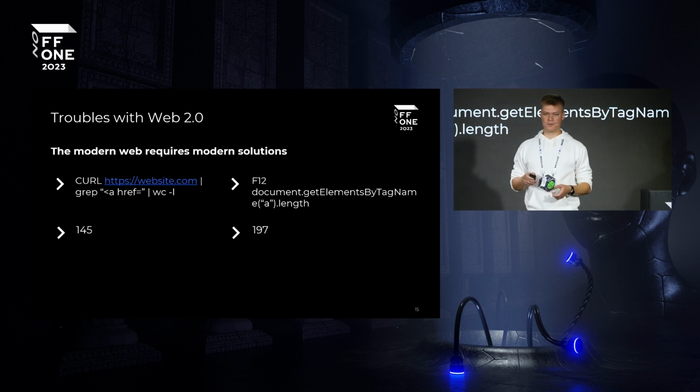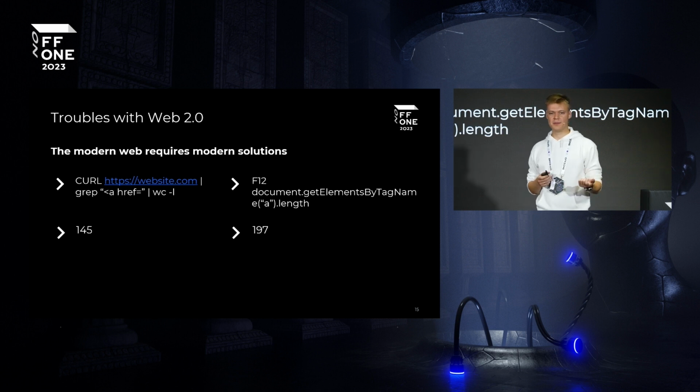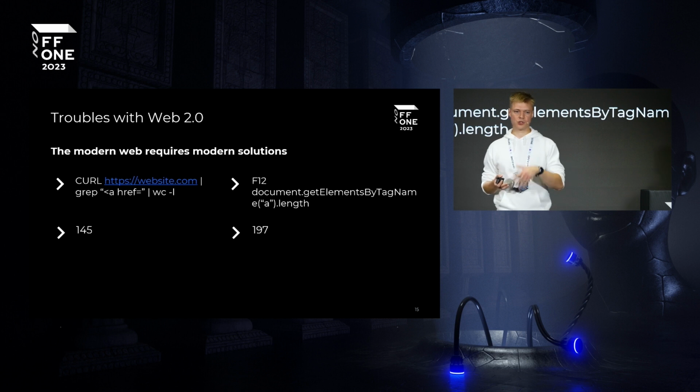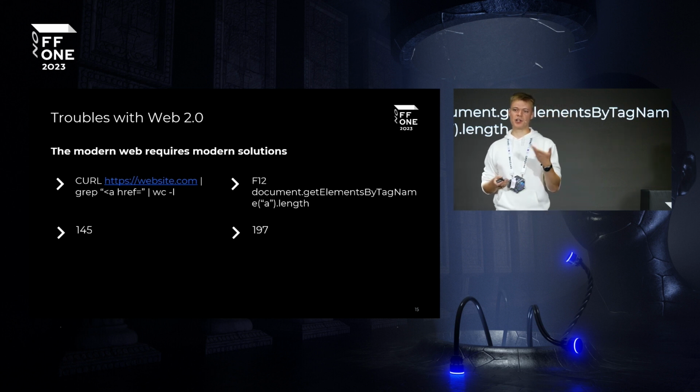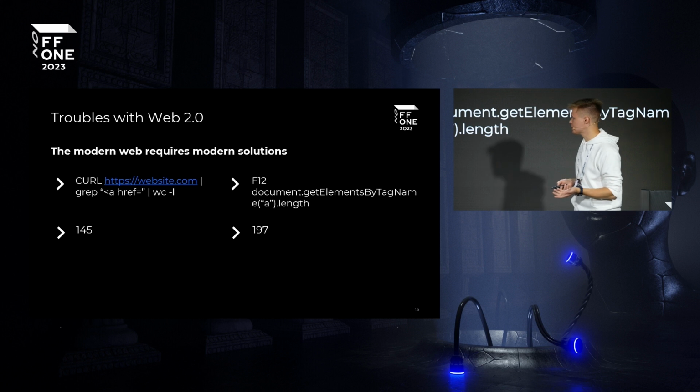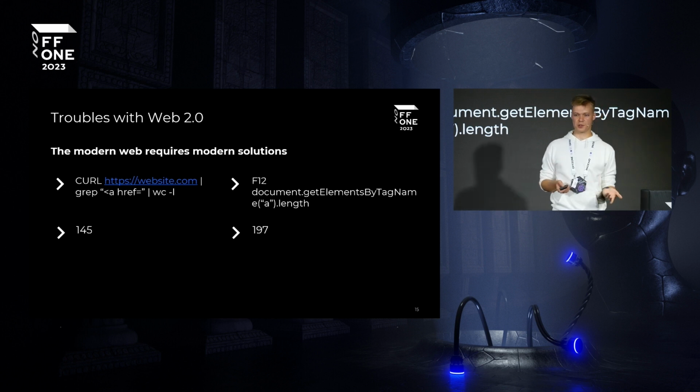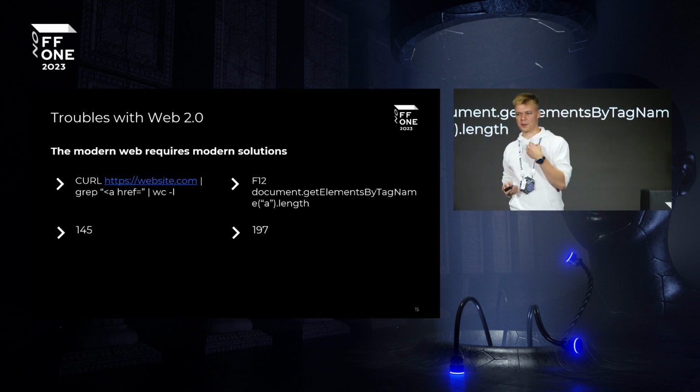So I found 145 links, and then I loaded the website dynamically to understand how many links it would contain. I loaded the page in the browser, and then via the developer panel, I requested the number of links, and I was surprised to find 197 links.